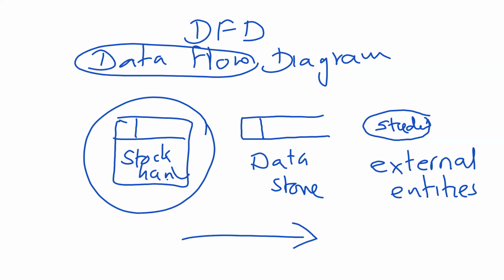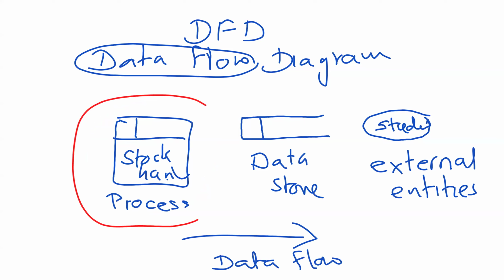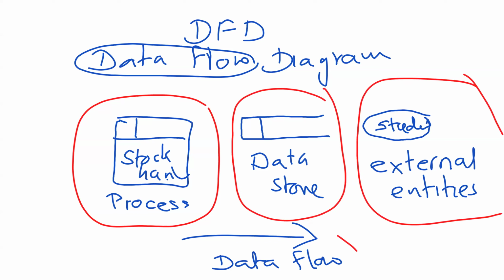Here we represent how the data flows. I have given you four main components. Actually, this is process. Process, data store, external entity, and data flow.